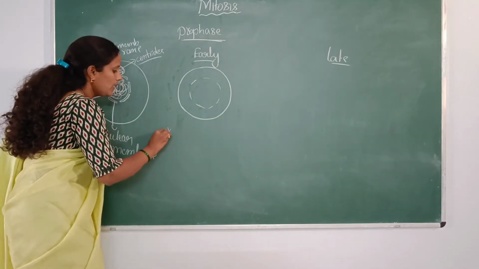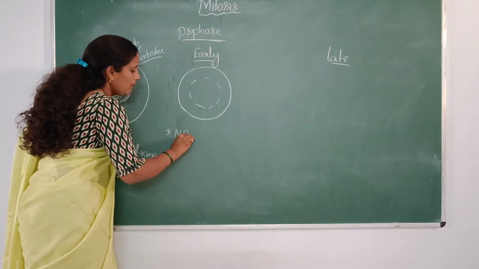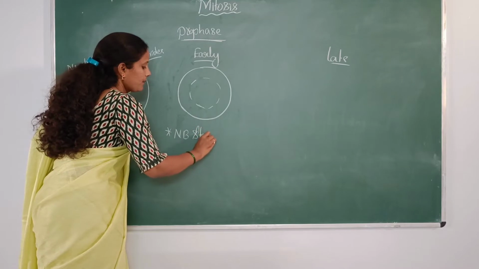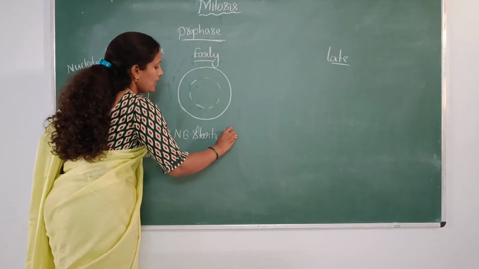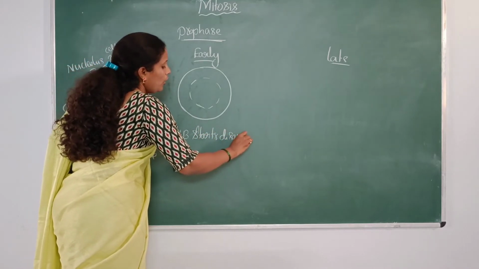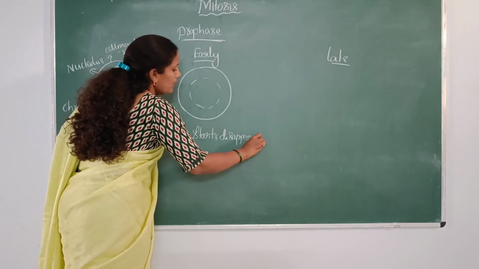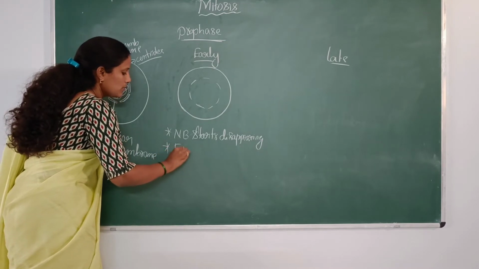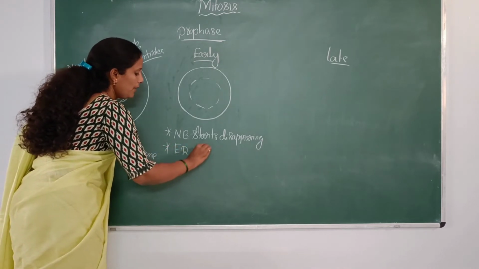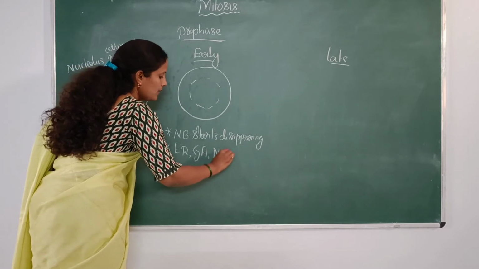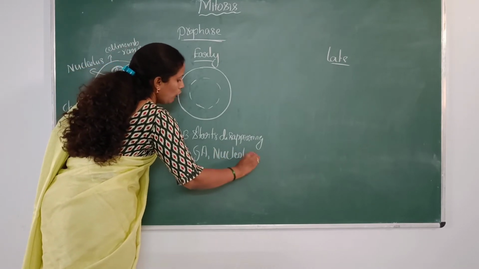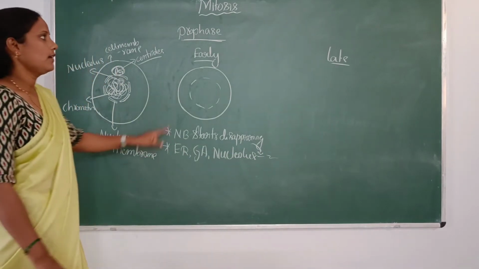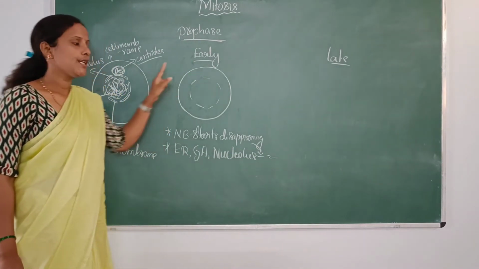So the first event is that the nuclear membrane starts disappearing. Along with the nuclear membrane, the other cell organelles like endoplasmic reticulum, Golgi apparatus, and nucleolus also start disappearing in the early prophase.